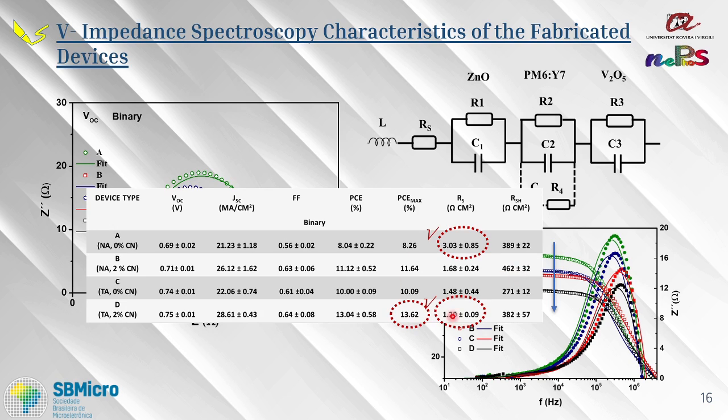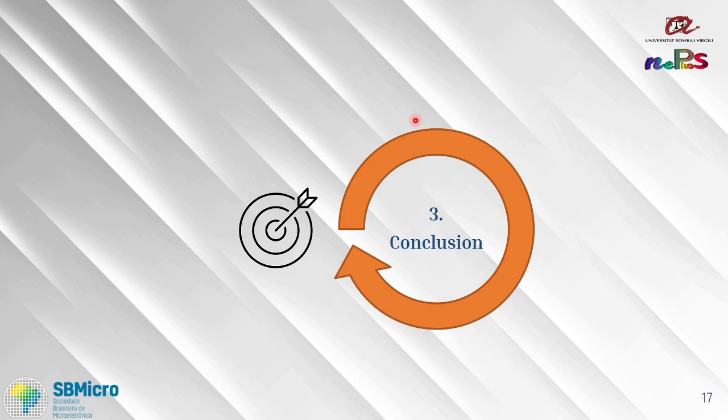This is also confirmed by the resistance obtained from the JV characteristic curve, and this data has been fitted using the Bay model as shown in this circuit, confirming the same value of resistance. And all the data was in good alignment, showing device D is a champion device that combined the two effects.